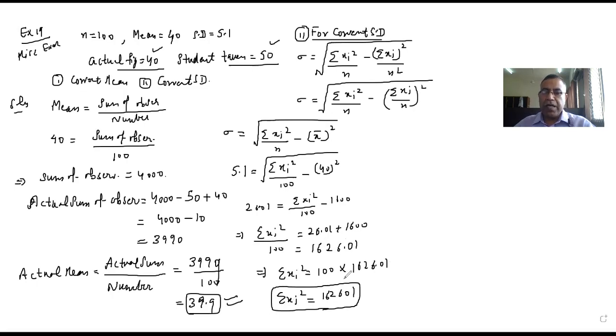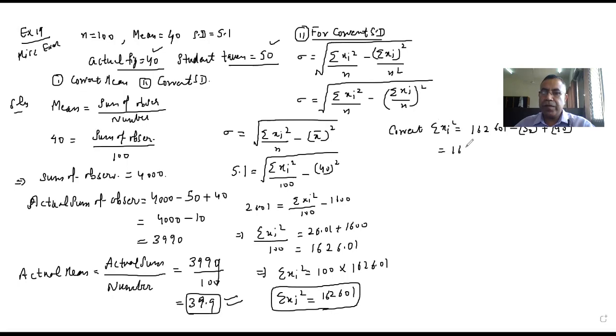This is the wrong sigma xi square. I need the correct one. Now the correct sigma xi square is 162601 minus the wrong figure 50 square, plus 40 square which I have added. This is the correct figure.